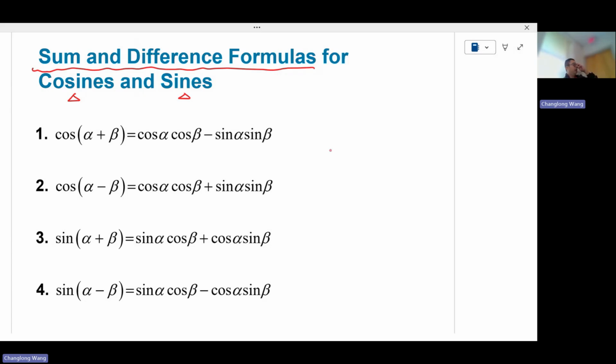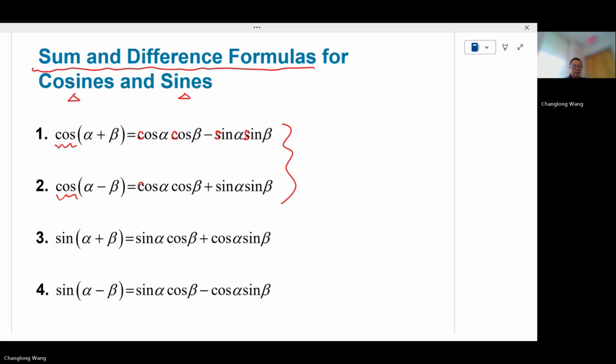So there are two groups of identities. As you see over here, the first group is for the cosine function evaluated at sum or difference of two angles. The structure is that when you expand it, you get the product of two cosine functions adding or subtracting the product of two sine functions.